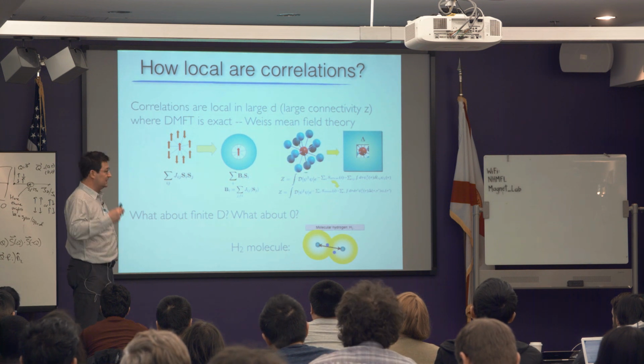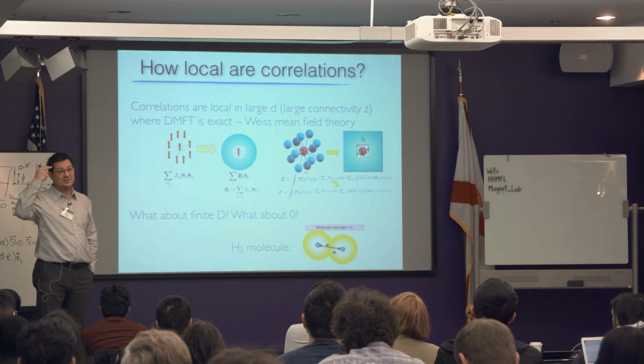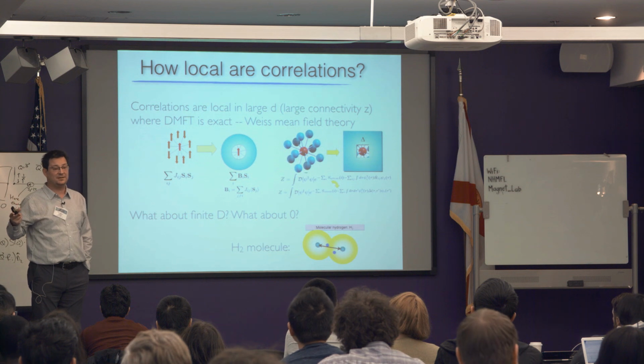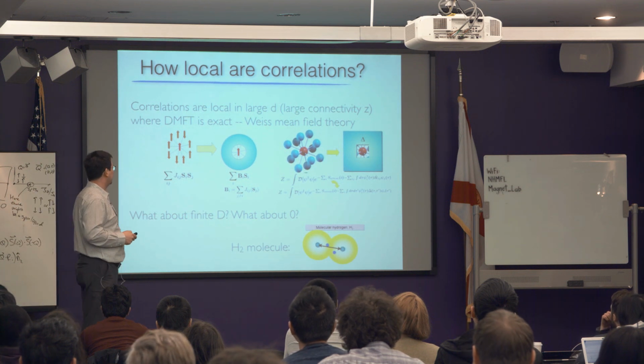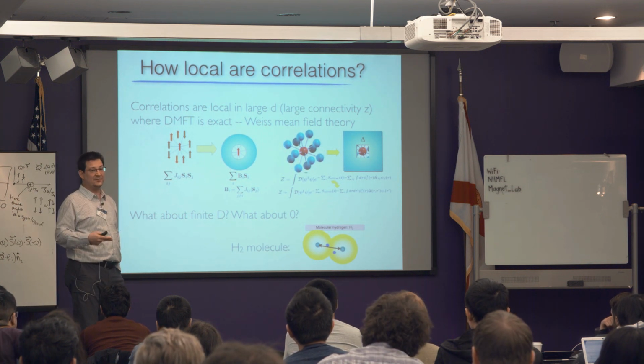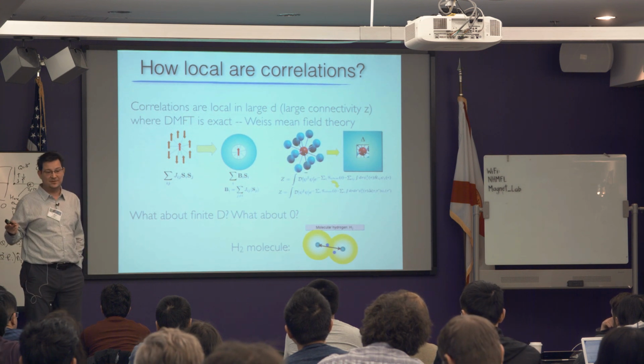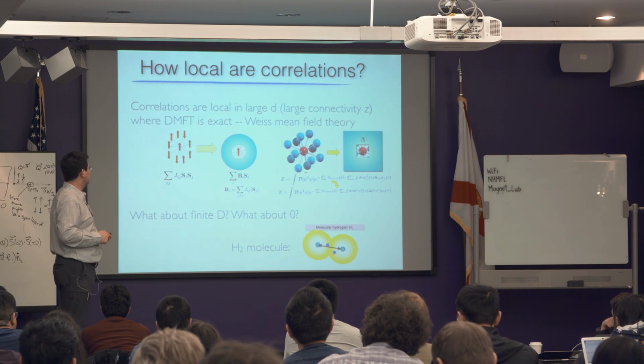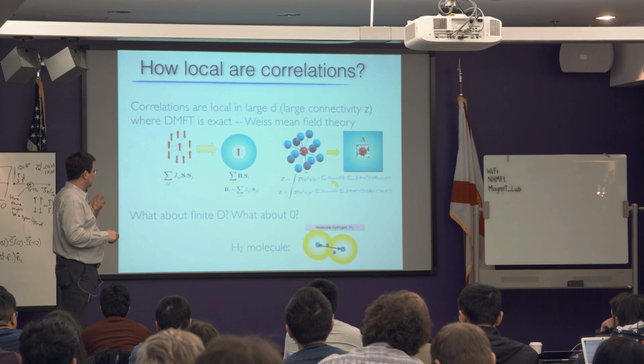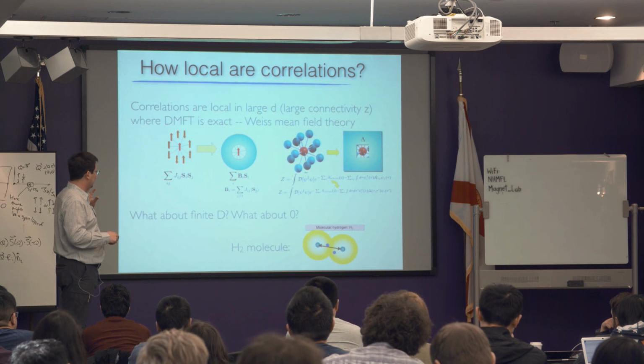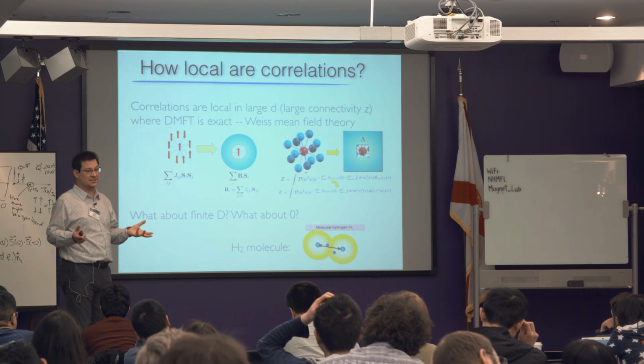Now, in order to understand how this mapping works and why we get this impurity, I want to step back a little bit and give a historic overview of how DMFT was born. The idea comes from classical statistical physics.